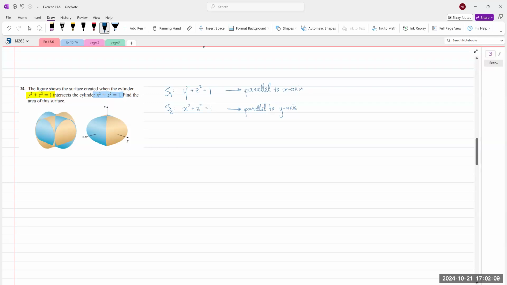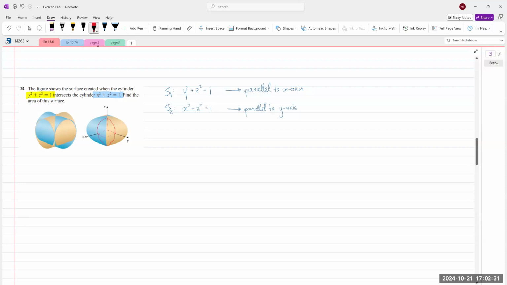Good thing they already graphed it for us, and we get this intersection that actually consists of, if you think about it, how many parts? In the first octant, there are actually 4 parts.